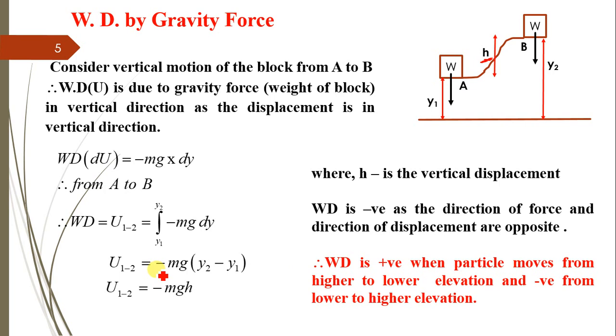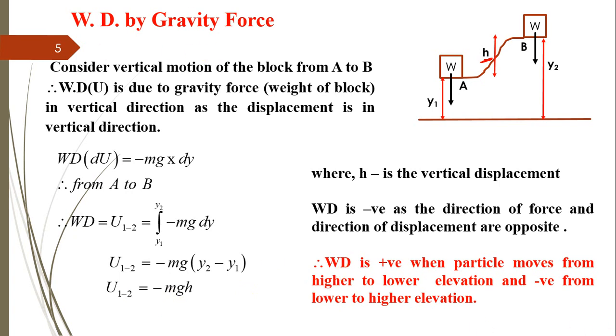And here the negative sign is because the direction of force and the direction of displacement are opposite. You can see the force is applied in the downward direction, but the displacement occurs in the upward direction. So as the force and displacement are in opposite directions, the work done is negative.